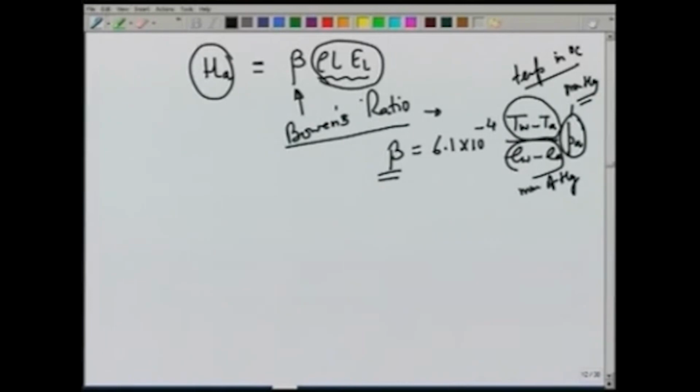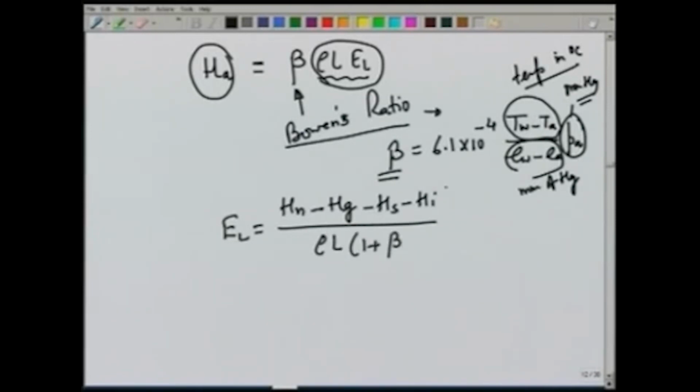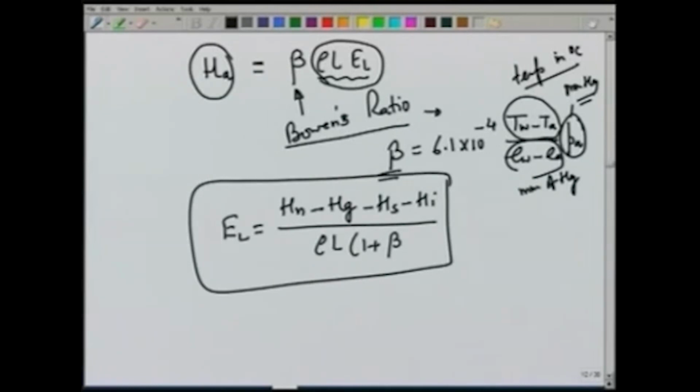So, using all these values, we can finally get an equation for EL as Hn minus Hg minus Hs minus Hi, and as we have discussed, all these four quantities are comparatively easier to measure, and therefore, obtaining EL from this equation is quite straightforward.